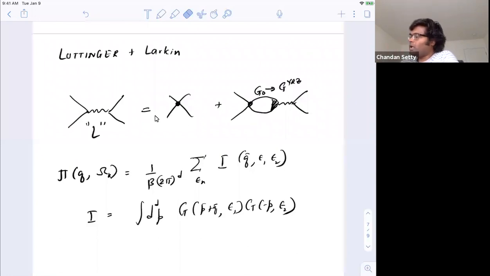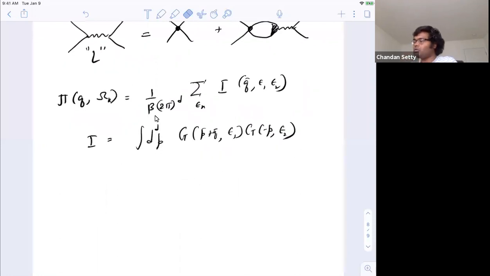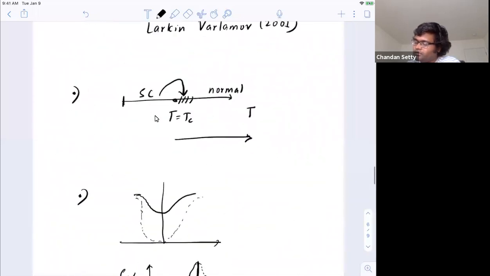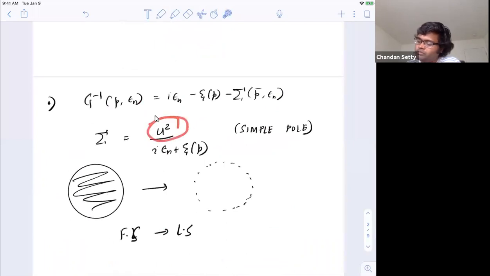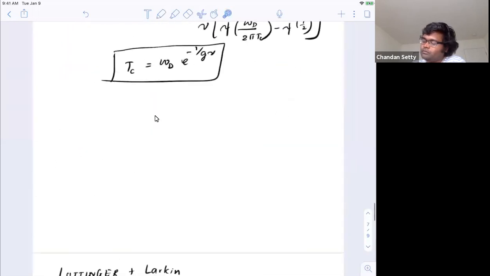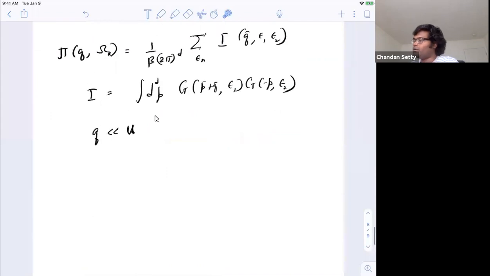Okay, so I'll tell you one intermediate step, which is crucial for later discussions, and that is I will solve this in the limit where the energy scale associated with the momentum is much smaller than U. Remember that U here is a residue of the pole. So this is U. Okay, so it's basically the residue of the self-energy pole. Okay, so what happens if you expand the fluctuation propagator?